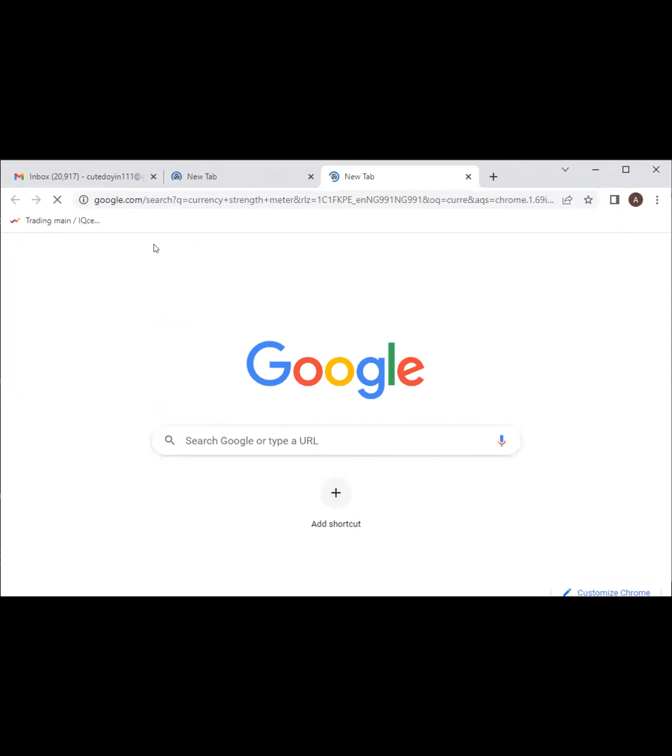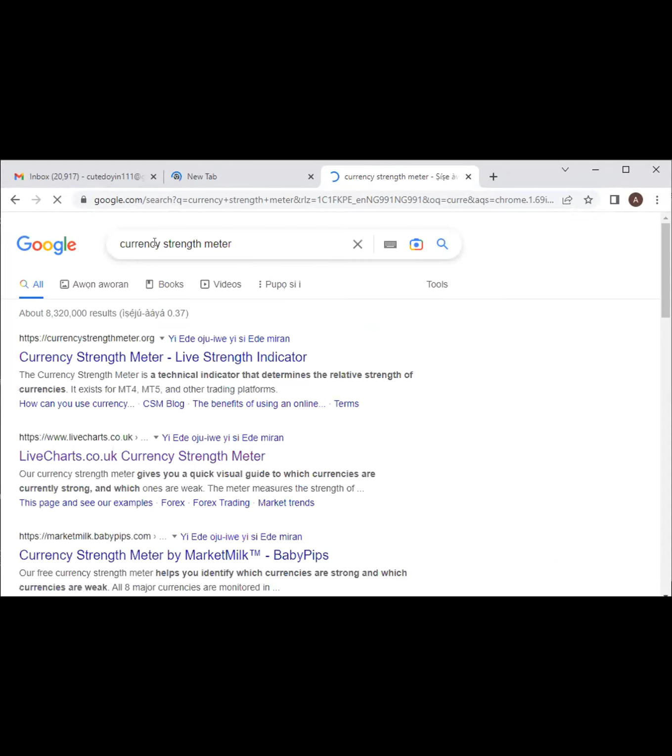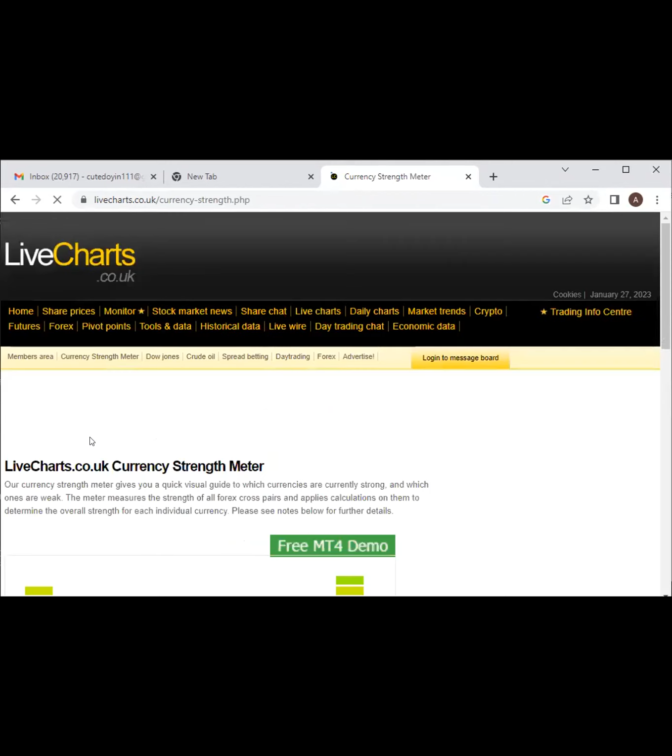It gives me a list of sites. If you look at the second one, don't mind Google, it's showing me Yoruba language. But you can see where they wrote livechat.co.uk. That same one I gave you. So I click on that and it takes me to where I want to go precisely.